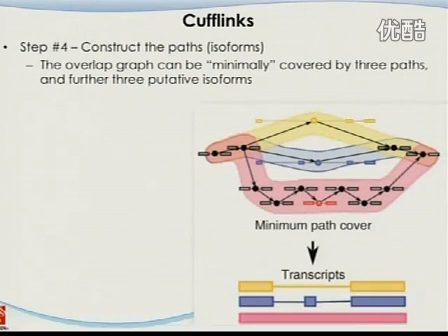The next step is to construct the paths. So we already connected the dots, and then you conceptually construct and merge those. Those are one path, there's another path, and a third path. Then, using this minimum path cover, we get to the transcripts. So you can see there are three potential transcript isoforms.